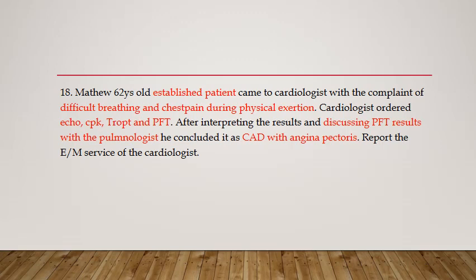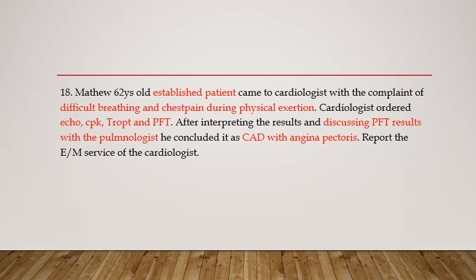So difficulty breathing and chest pain during physical exertion are some minor problems, but coronary artery disease with angina pectoris is a condition which is threatening to life or bodily function. It is a chronic condition threatening to life or bodily function.